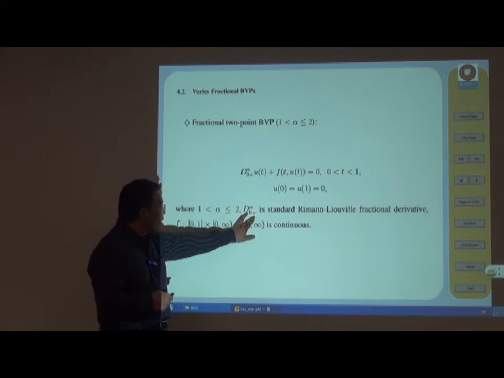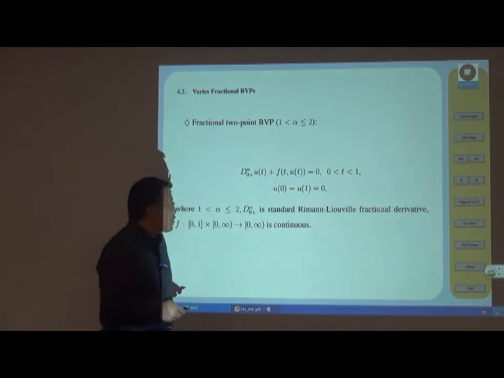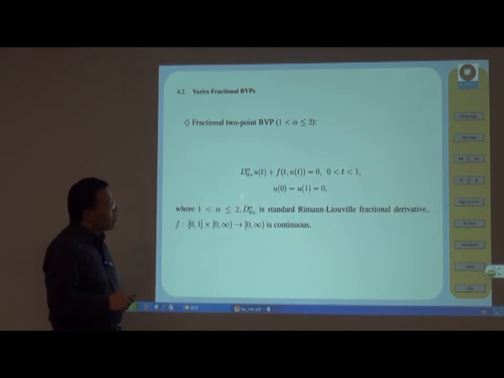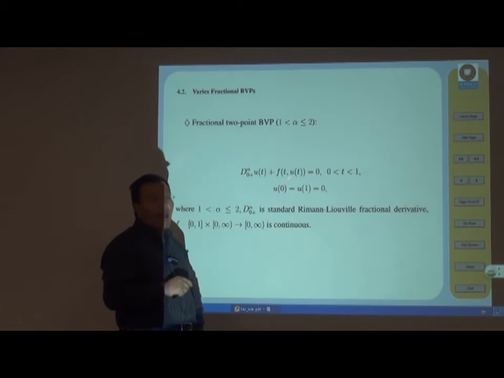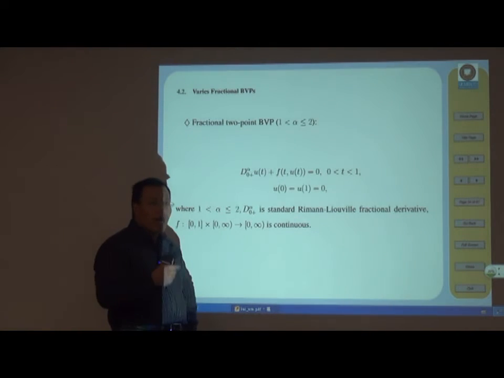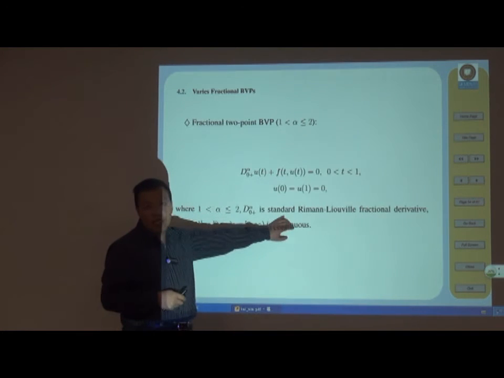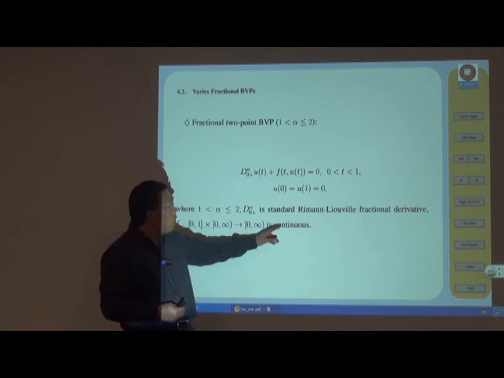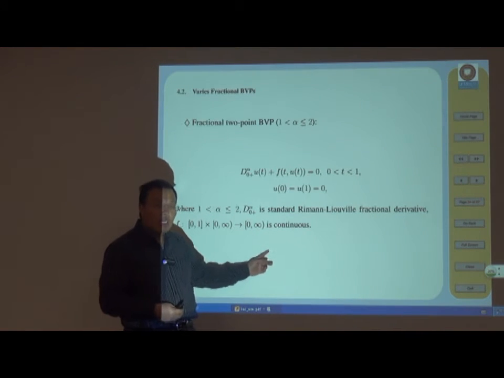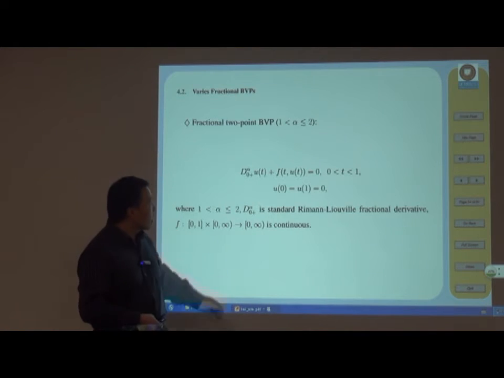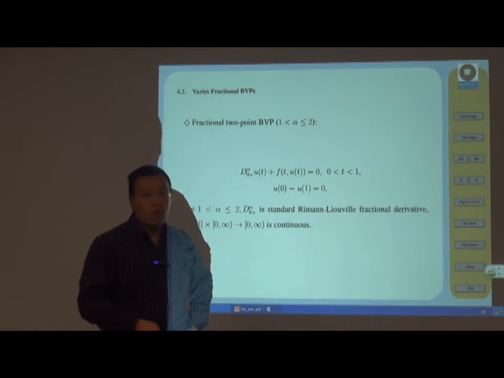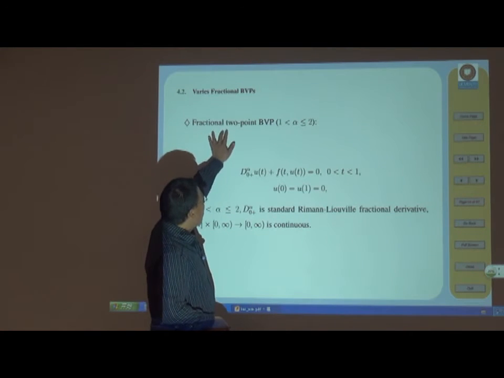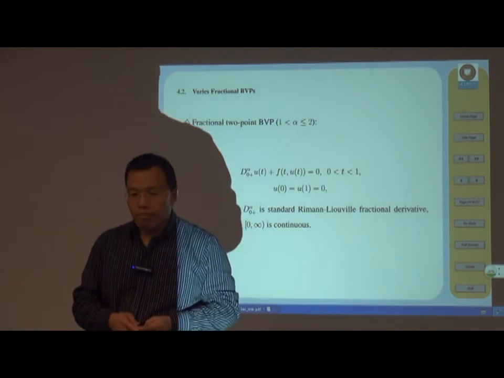And here, D is the standard Riemann-Liouville fractional derivative. This work was published in 2005. It is my work, and it has been cited more than 500 times. And this is the first work about the fractional boundary value problem.